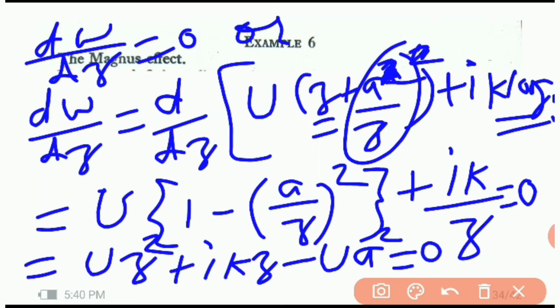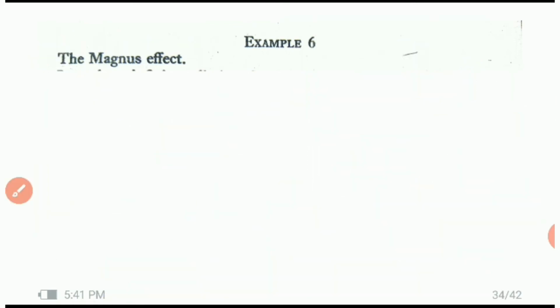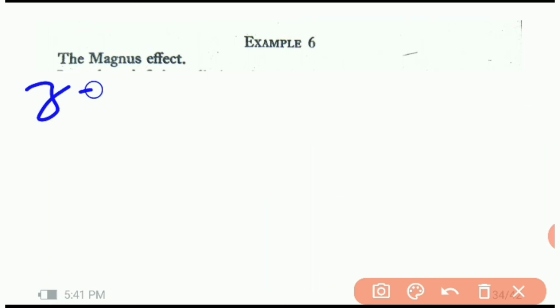So we want to find the solution of this z. The root of a quadratic equation is minus b plus or minus root b square minus 4ac upon 2a.